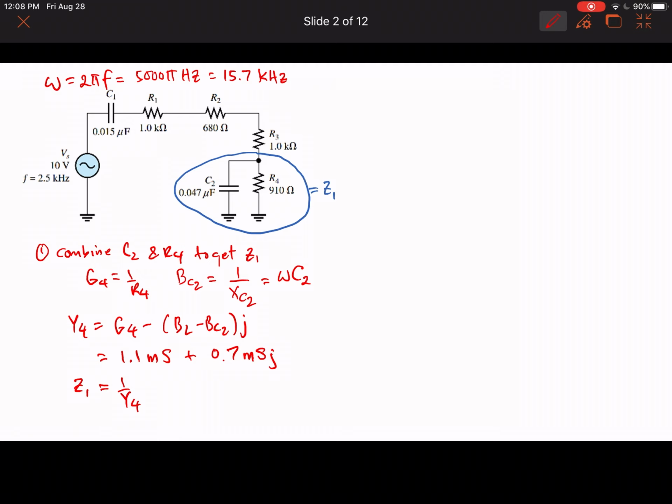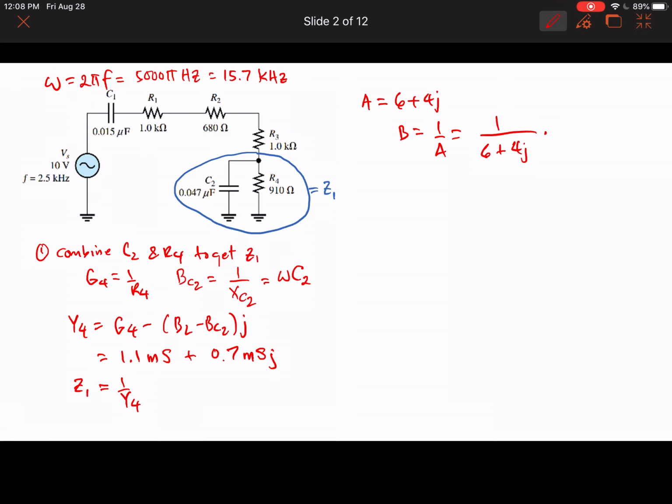Okay, now if you're not familiar with handling complex numbers, this is how you solve for it. So let's say if you have a complex number of 6 plus 4j, and let's call that a. Okay, and if we want to get b, which is 1 over a, what we do is we take the reciprocal of 6 plus 4j.